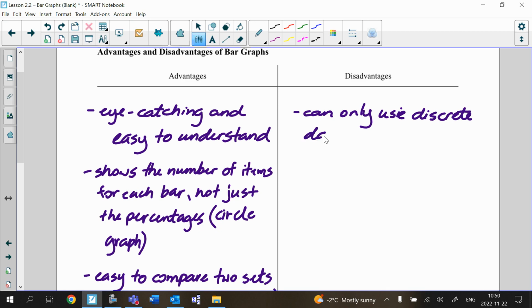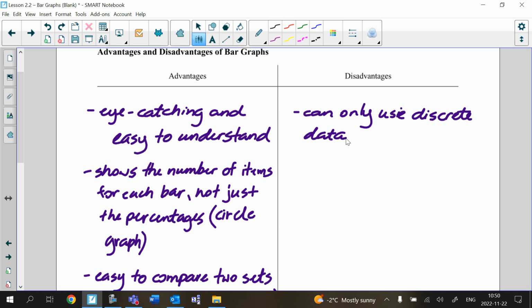Meaning that if we wanted to look at measurements of something like the weight or the height or the distance or things like that, bar graphs wouldn't work. But we'll find that histograms can take care of that, which we'll talk about tomorrow.